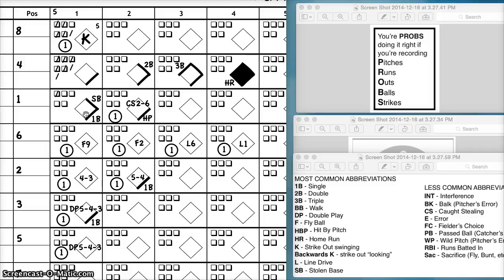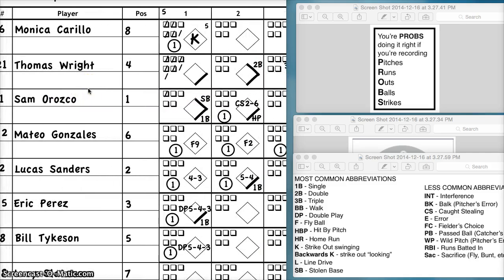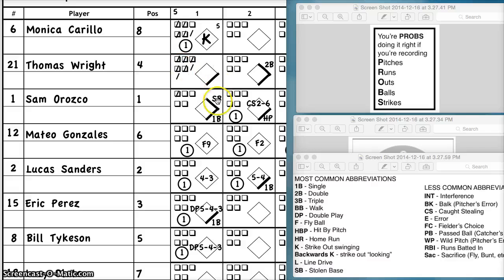Another way to advance around the bases is to be advanced by another batter who comes up for your team. So let's say, for example, that Thomas is batting, he got to first on a single, and then Sam comes up to bat next and also hits a single, which advances Thomas to second.